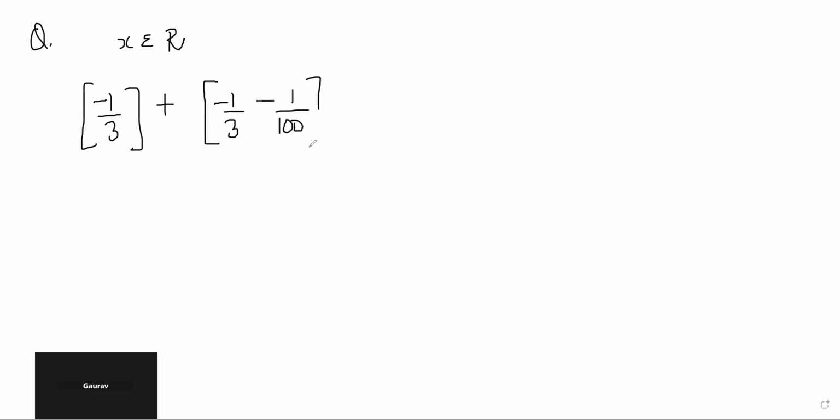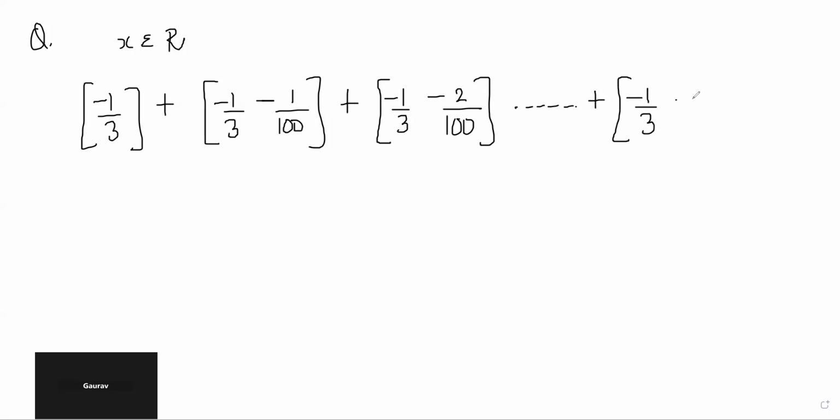Next question is for x belongs to real, the sum of the series, this is the series that we are getting. We have to add up plus 2 minus 2 by 100, and so on till minus 1 by 3 minus 99 by 100.